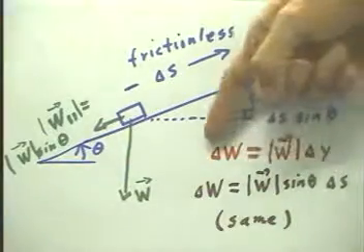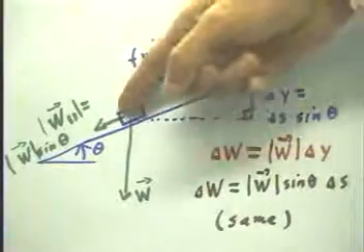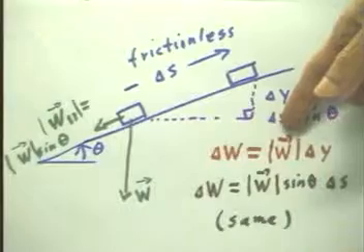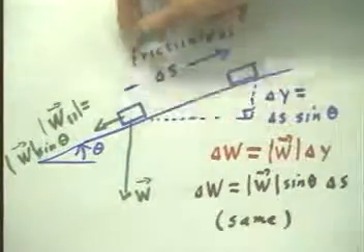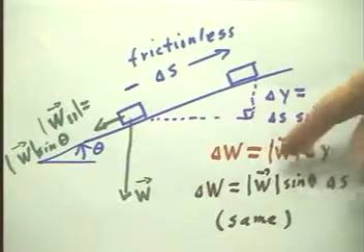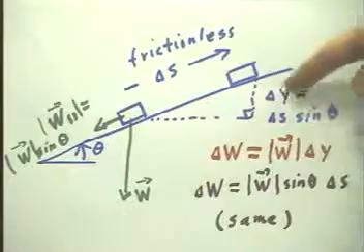In that case, the delta w, the work contribution required to move the thing up the ramp, should be equal to the magnitude of the weight, which is the force that we have to exert in the vertical direction, times delta y. And of course that's going to be the magnitude of the weight times delta s sine theta, which is equal to delta y.